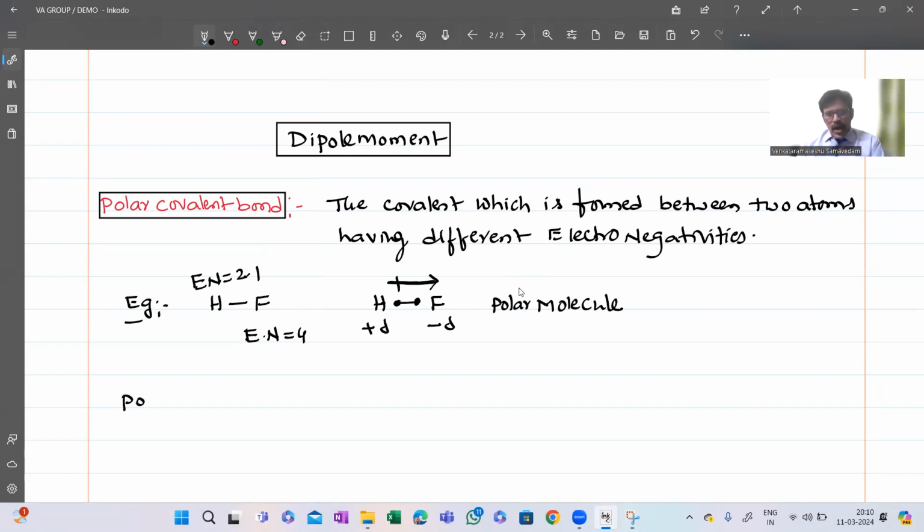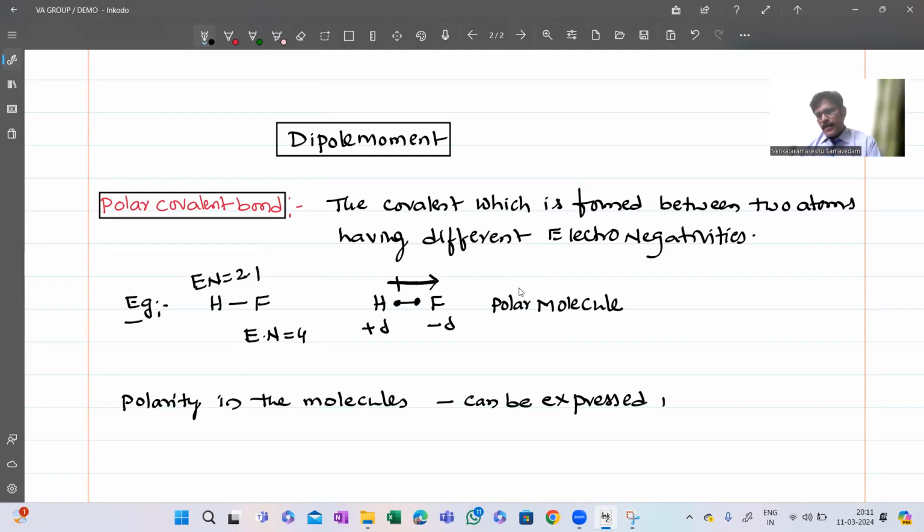So this polarity in the molecule can be expressed in terms of dipole moment.